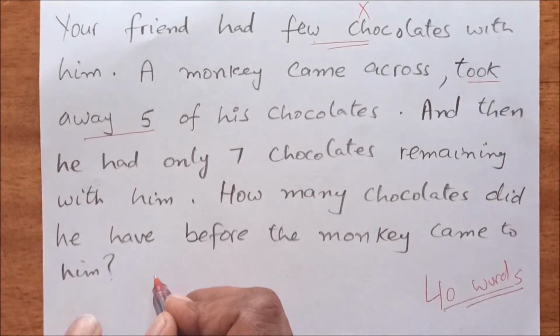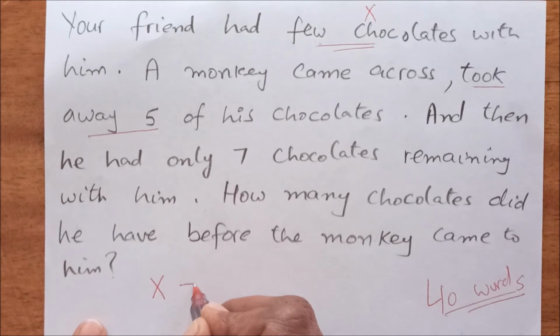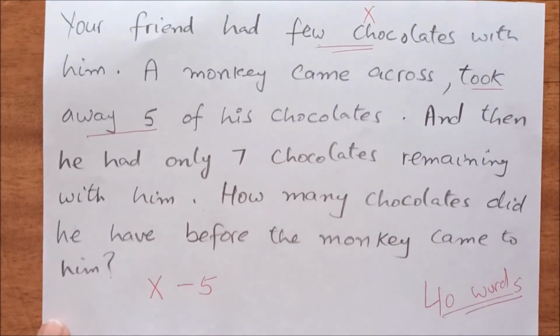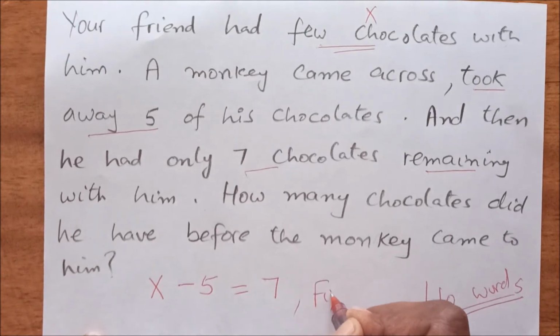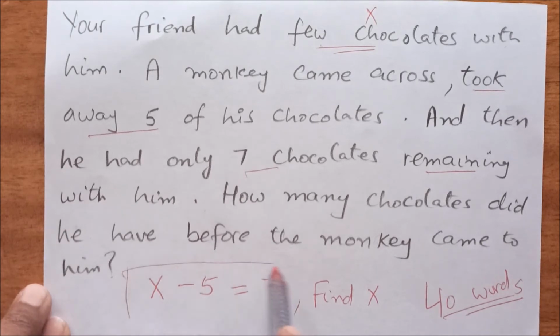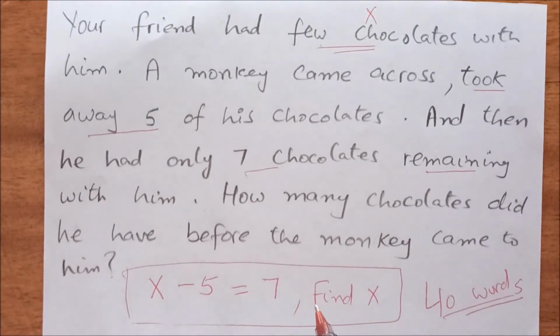So he has x chocolates, he took away 5, and then he had only 7 chocolates remaining with him. So what is the remaining amount? It is 7. So then what we need to know here is just x. So you can see this 40-word story can be written as a single sentence. This is how algebra makes our life easier.